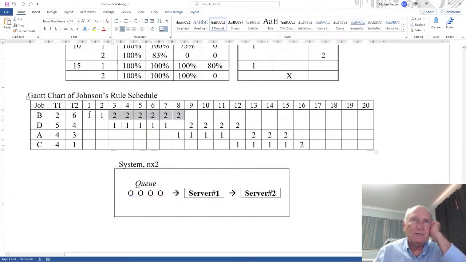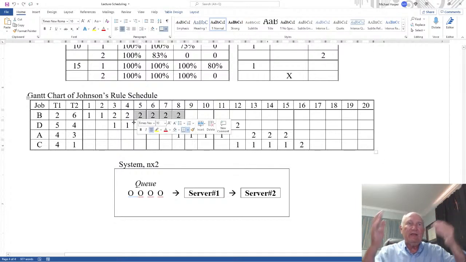So the shorter this time, the faster the second server can start processing these jobs. But also, you want the longer times here and the shorter times at the end of the schedule. So you have short here, long here, short here, long here. That inverse is exactly what you do in Johnson's rule to minimize the time.